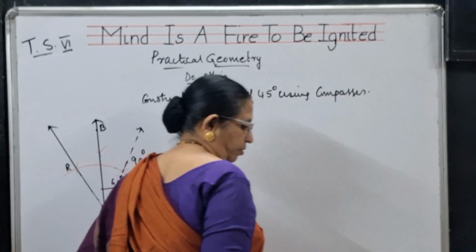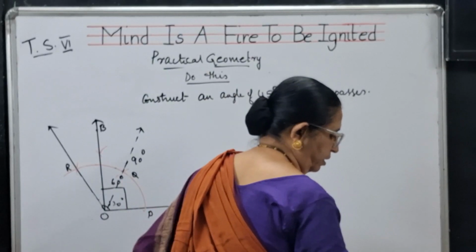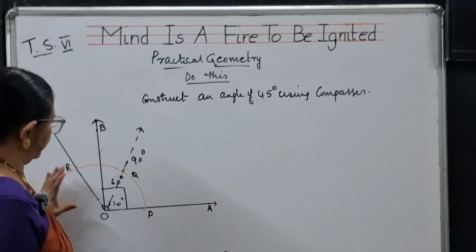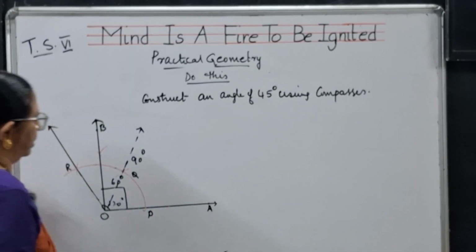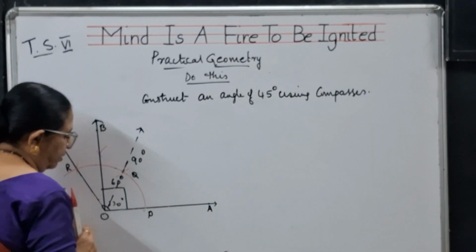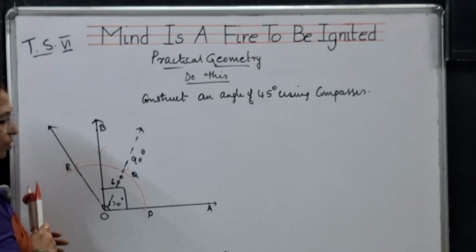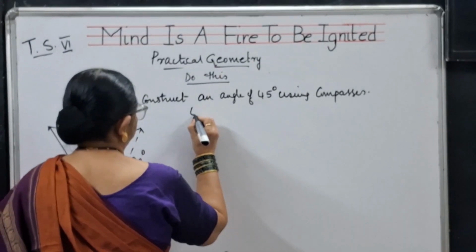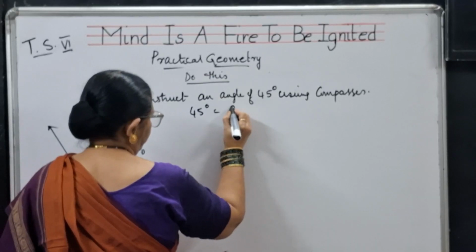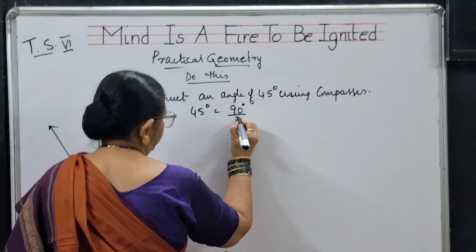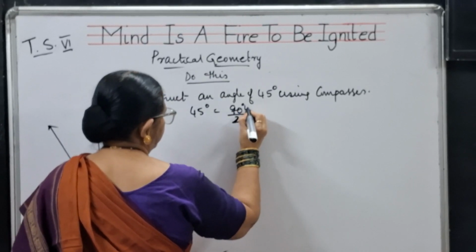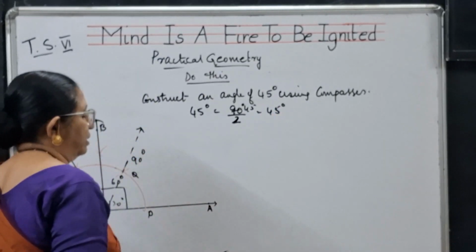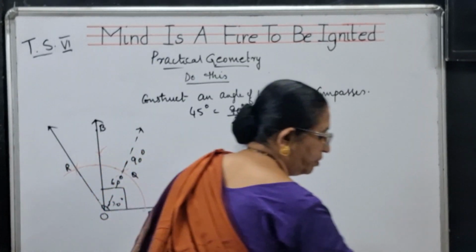So here also, initially 90 degrees should be done as it is. So the same thing which I have drawn earlier, I'm keeping this. This is 90 degrees. So how will you get 45 degrees, children? 45 degrees you will be getting from 90 degrees if you half it. So when you bisect 90 degrees, you are getting 45 degrees.